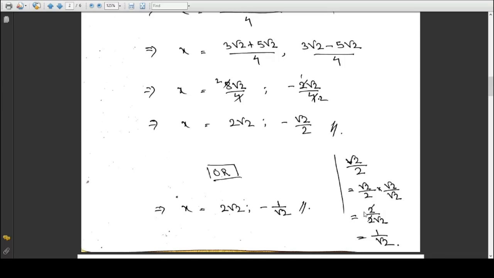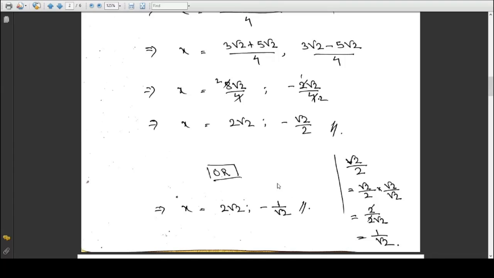On cancelling 2 numerator and 2 denominator, you have 1 by root 2, which is the answer. Okay, instead of writing minus 2 root 2, you can also write as minus 1 by root 2, or simply you can stop it here as this also is the correct answer, or you can again simplify this one to get minus 1 by root 2.